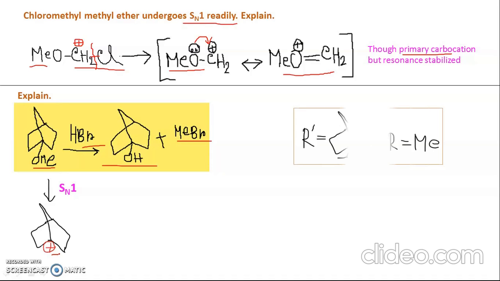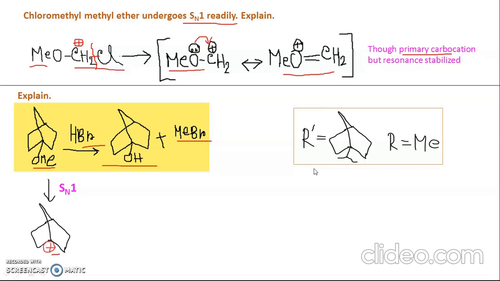Next, we have to see what is the problem if it is SN2. But before that, suppose this bicyclic structure is the group which is attached to the oxygen, suppose it is R prime, and the methyl group, suppose it is R. Why I have written it so?